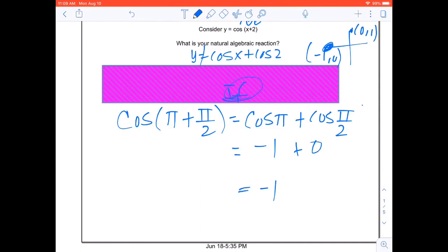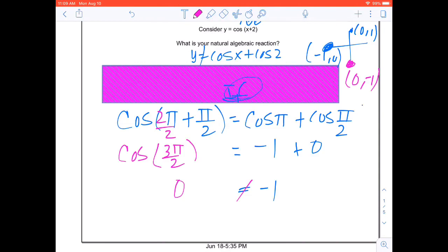Their sum is -1. However, if I take the cosine of pi plus pi over 2, we essentially get 3 pi over 2, which is the point (0, -1), and its cosine is 0. They're not equivalent. So this is one counterexample, and hopefully a way to debunk that you can distribute.